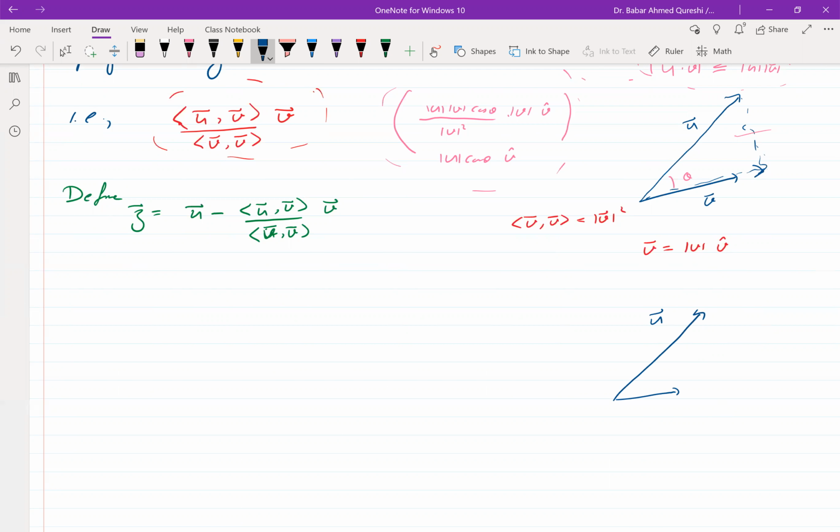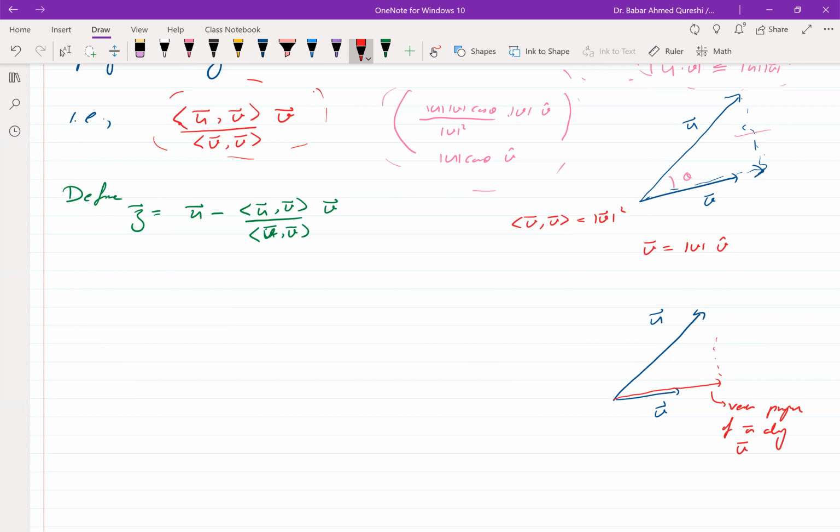This is u, this is v, and this is the vector projection of u along v.